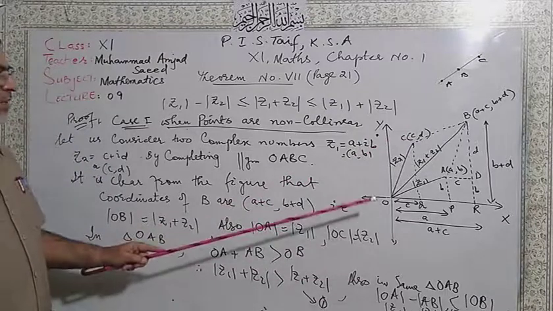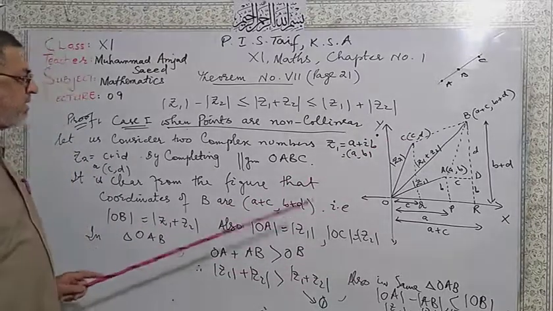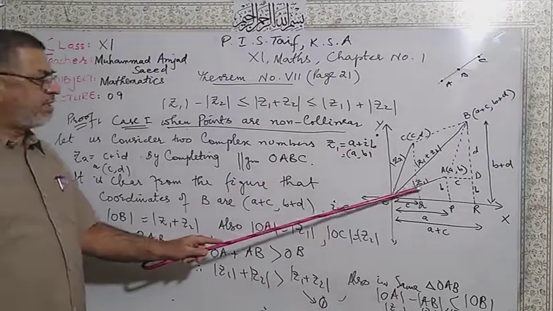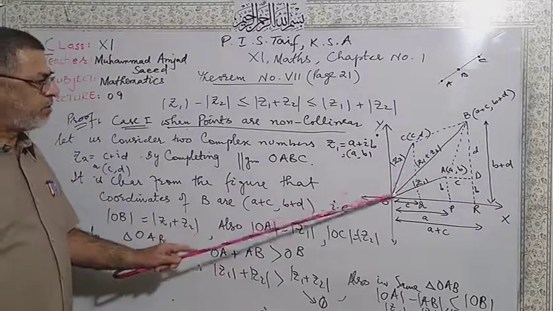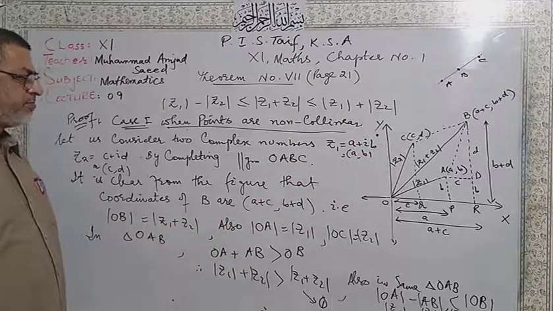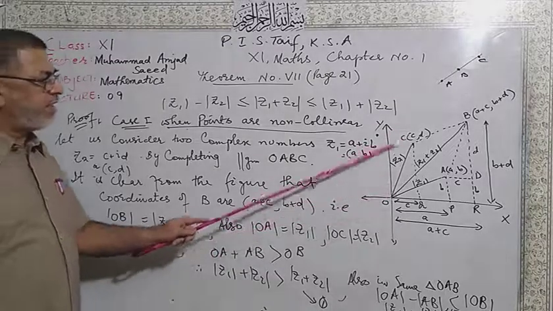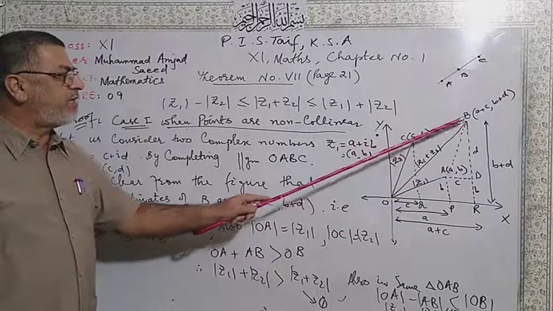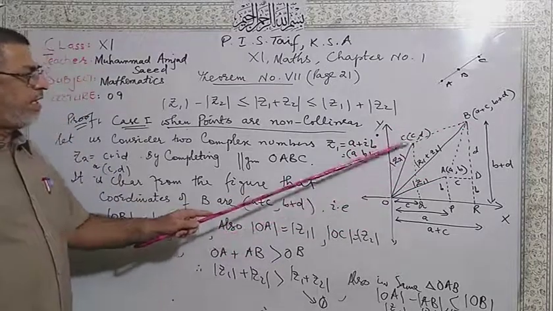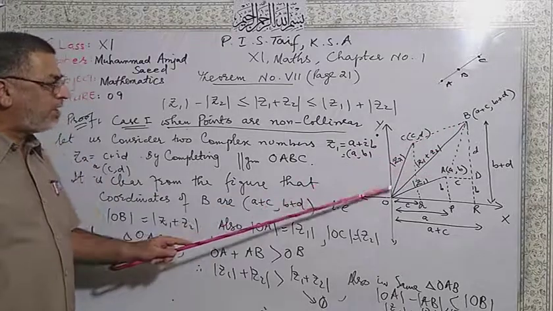Dear students, I am repeating again. Consider two complex numbers: z1 is equal to A(a, b) and z2 is equal to C(c, d). Now we will complete the parallelogram in such a way that AB is congruent to OC and AB is also parallel to OC.